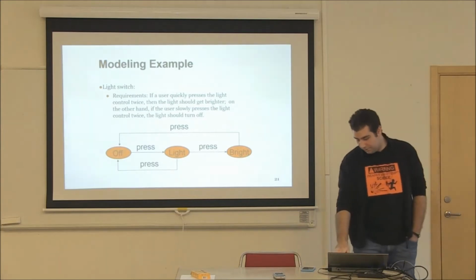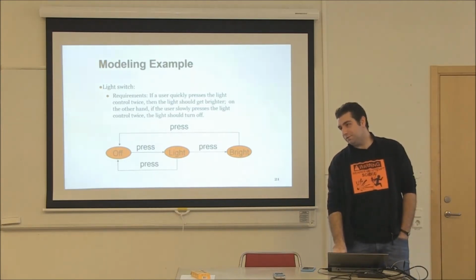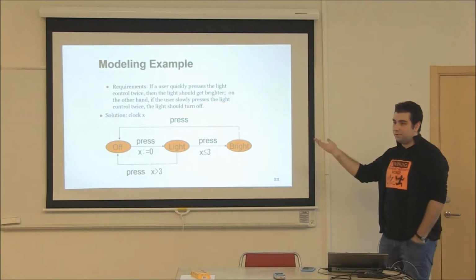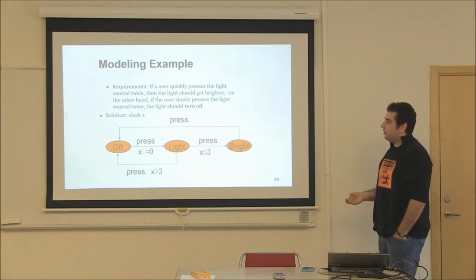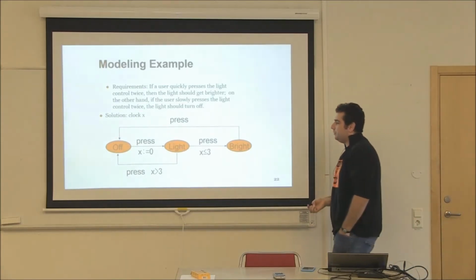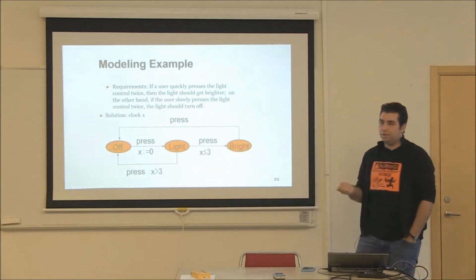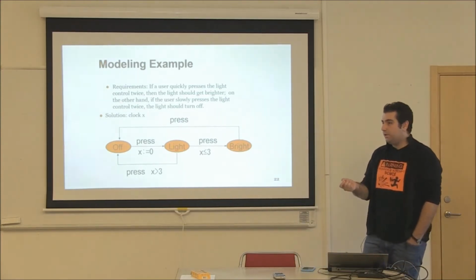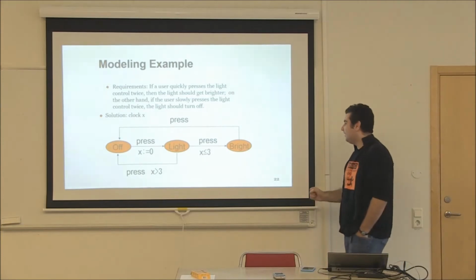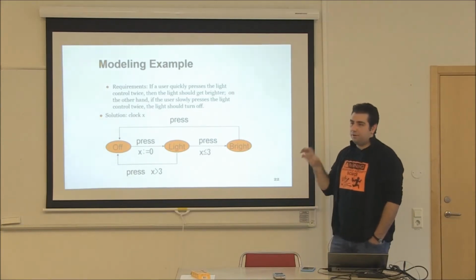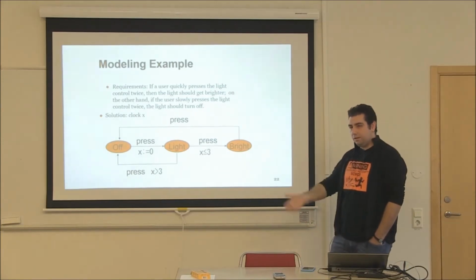I can show you my solution. It's very similar to what you said. So basically the solution is to have a clock. When you go from the state off to state light, you reset that clock to 0, so you start fresh. Then when you're in the light location, the time is progressing.